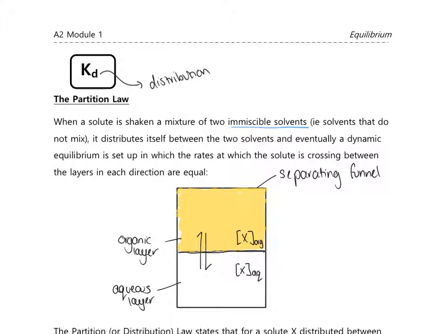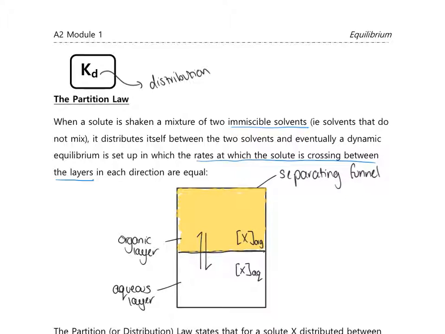While the concentration is constant in the organic and the aqueous layer, that's because solute X is continually moving across that border. And as it explains in your notes here, the rate at which it's moving across the border between the layers is equal.